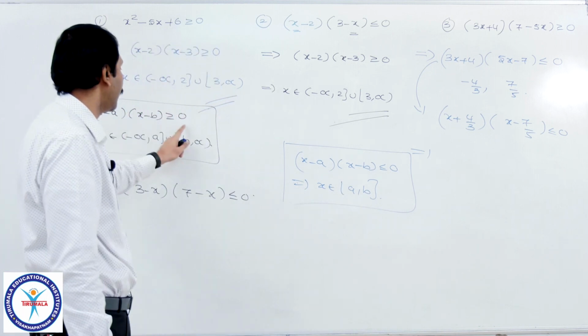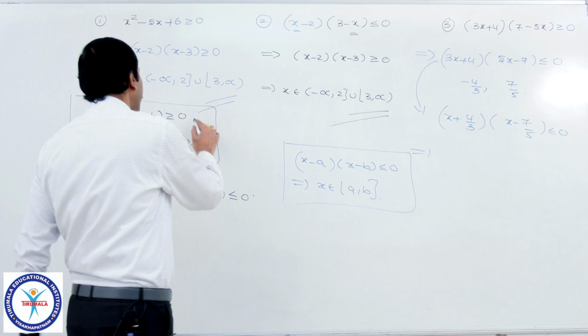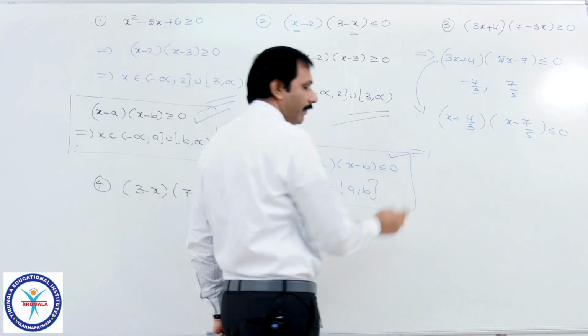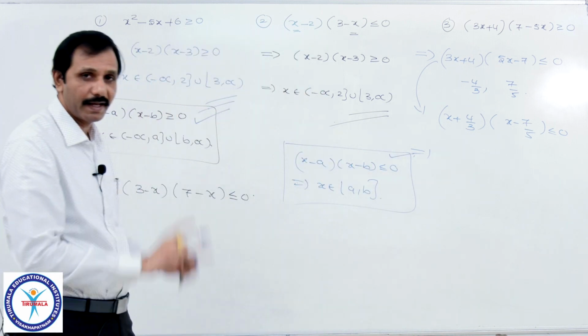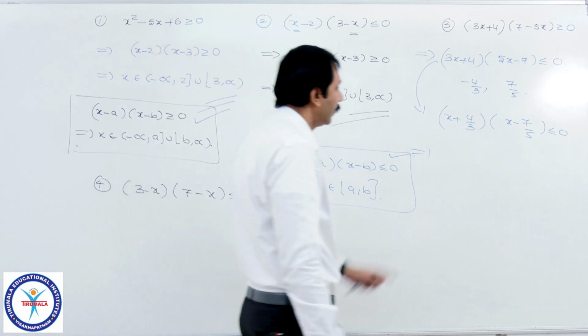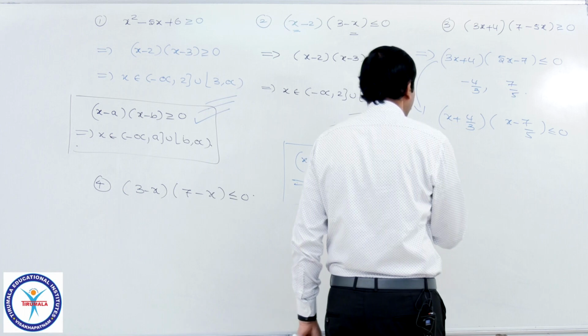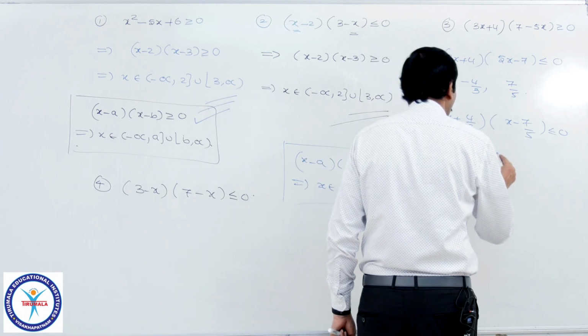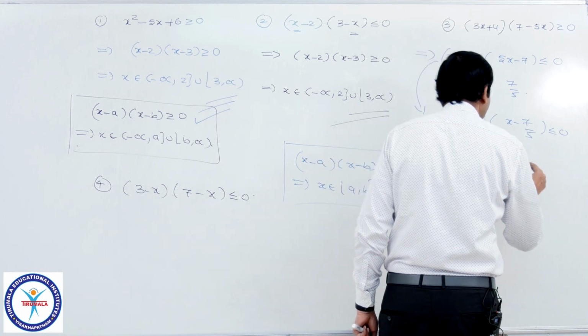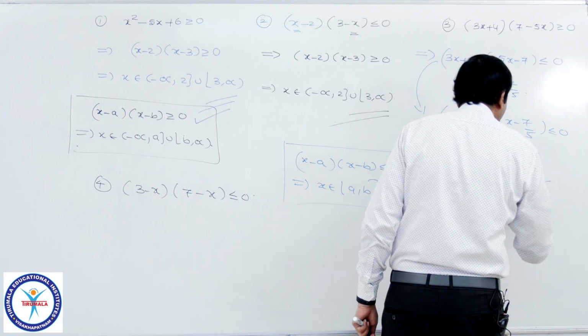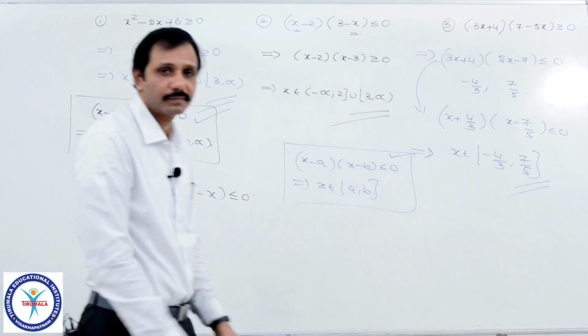When it is greater than or equal to 0, it means outside. These 2 points, if you remember, when it has 2 factors, you can do it directly. Because here the zeros are minus 4 by 3 and 7 by 5, that implies x belongs to [minus 4 by 3, 7 by 5] will be the answer for this.